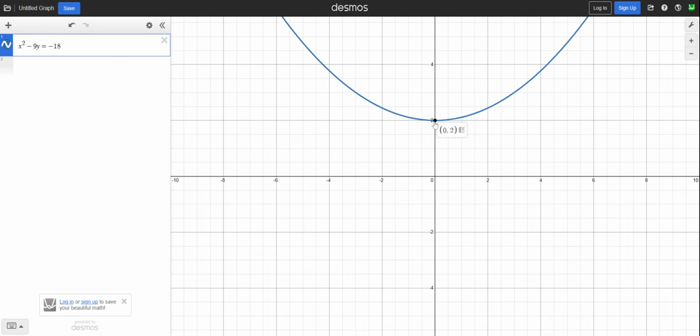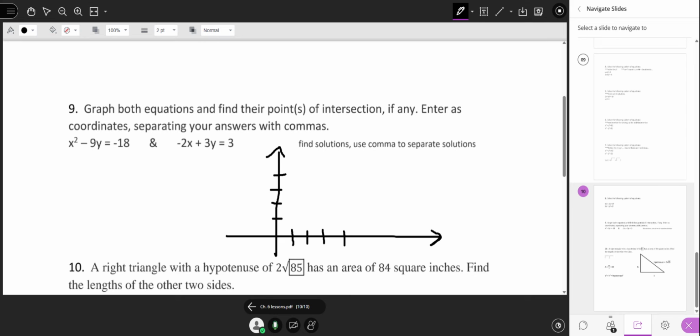That gives me 2, 0 and 3, 3. Okay? So on here, I'm going to graph 2, 0, 3, 3, as my parabola.